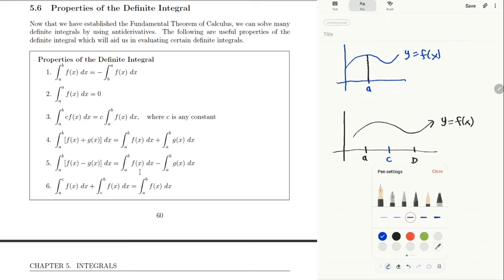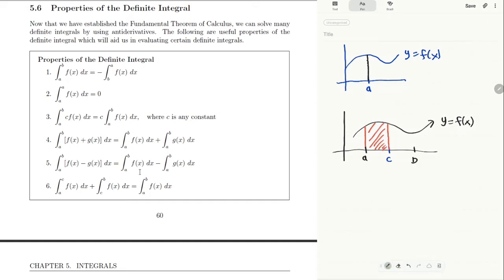So the integral from a to b is equal to the integral from a to c plus the integral from c to b.